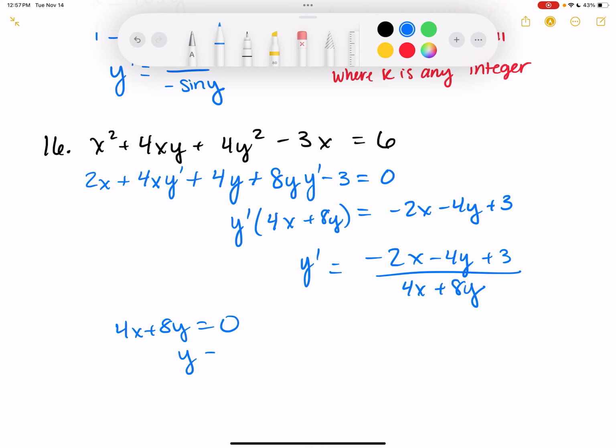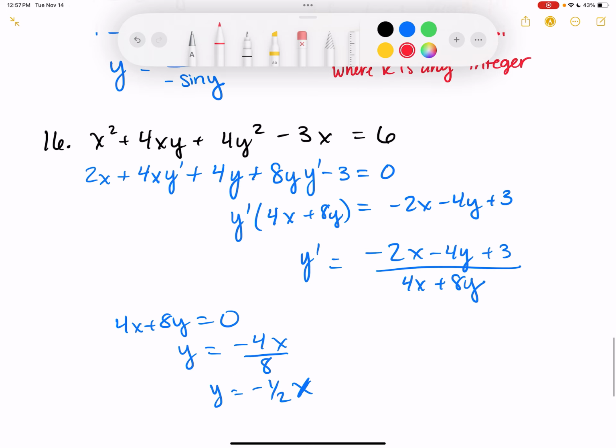So y is equal to negative 4x over 8, which is negative 1/2 x. That's an equation of a line, so that's going to happen in several places. So basically this is defined at every point except where y is equal to negative 1/2 x.